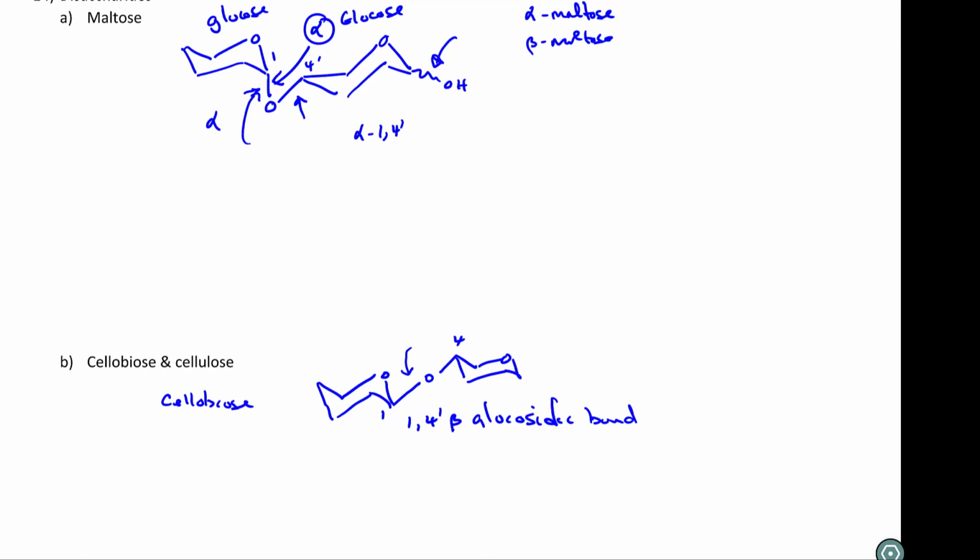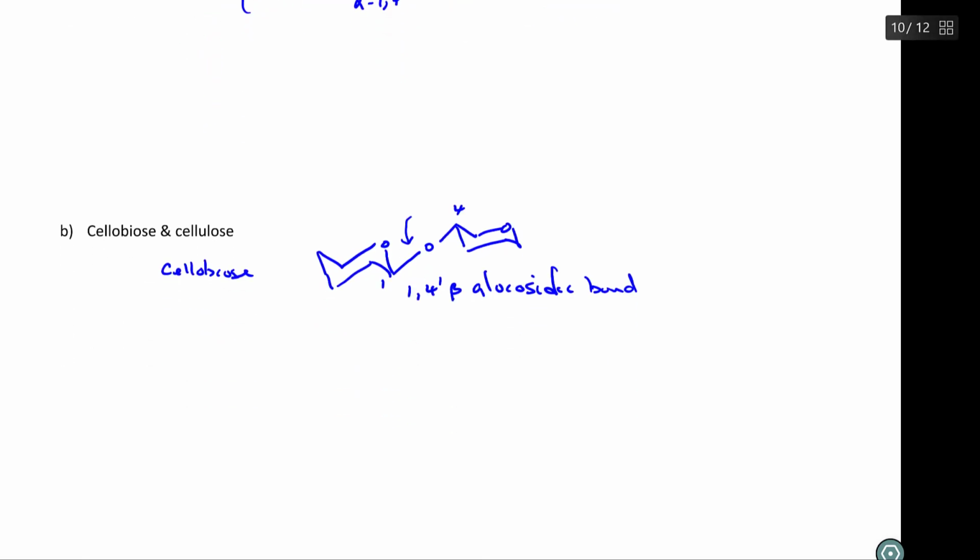So this is one of the reasons why when we digest foods, and we don't have the enzymes and stuff like that, it's easier to hydrolyze maltose than it is to hydrolyze cellulose. And again, this bond can be either in the alpha or beta position, so you have both alpha and beta cellobiose.